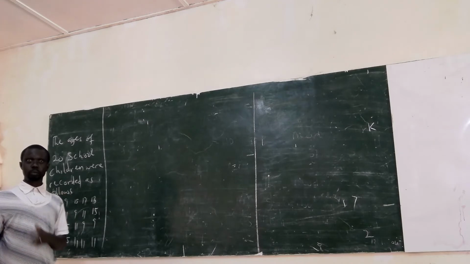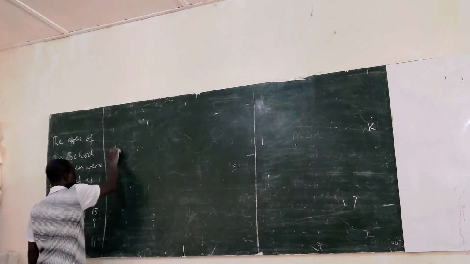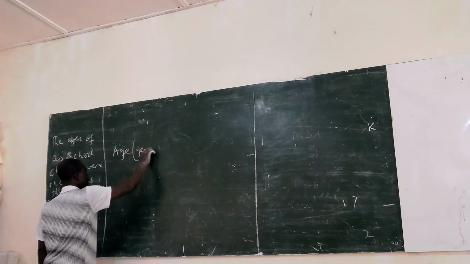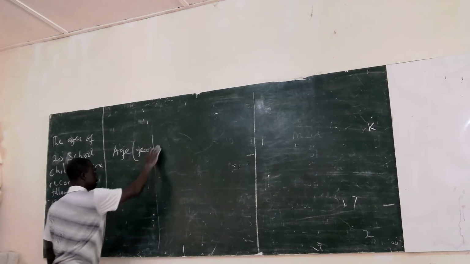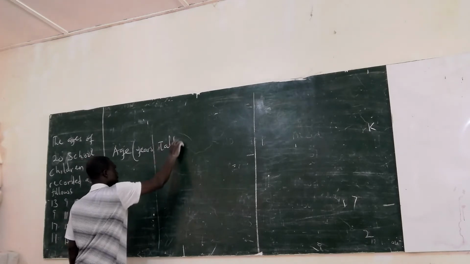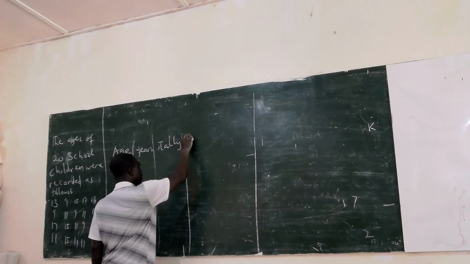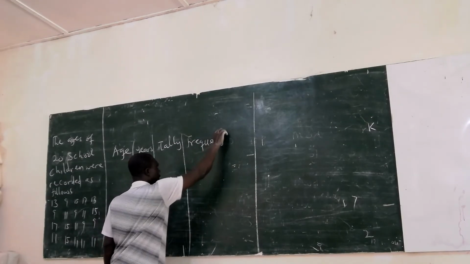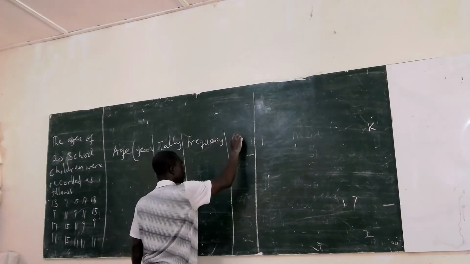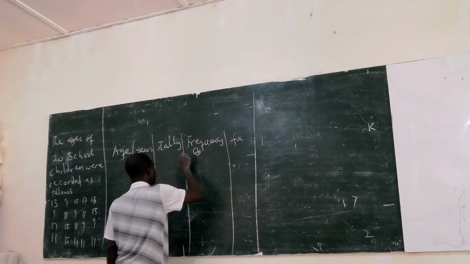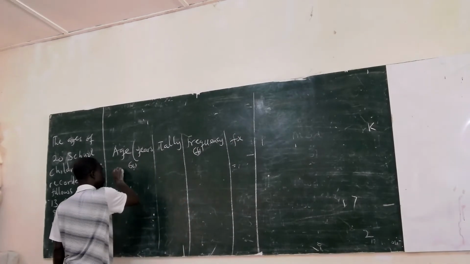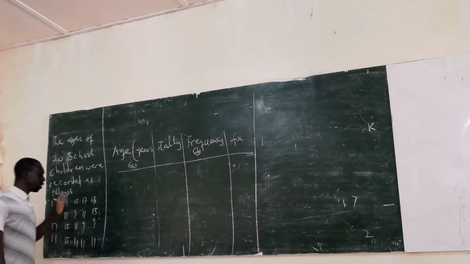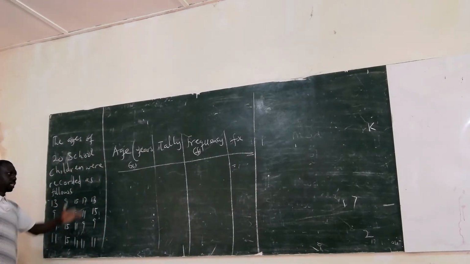The table is supposed to have age or years, followed by tally, then frequency. The last one should be Fx. Here's the F, here's the X. So after drawing the table, you use this information to complete the table.